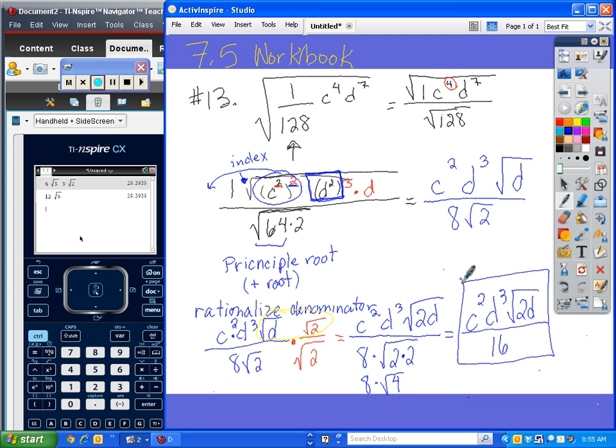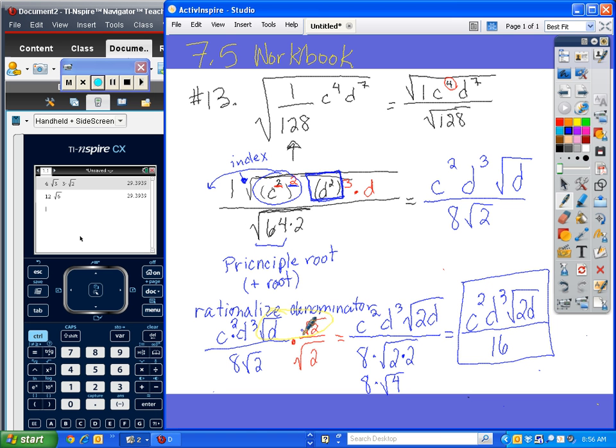So when we calculate the denominator and we multiply the numerator by the square root of 2, we only do it by the other square root, it doesn't do anything to d or c squared.